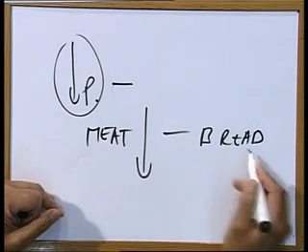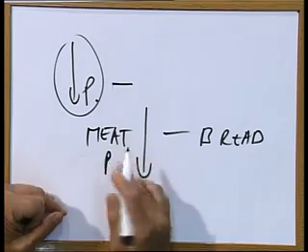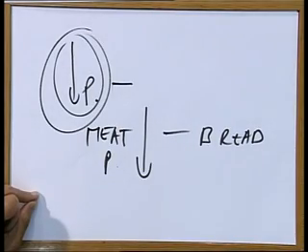So relative to bread, the price of meat has decreased, and meat becomes relatively cheaper than bread. What will the consumer then do? He will substitute meat for bread, and that is a substitution effect because of the price decrease.